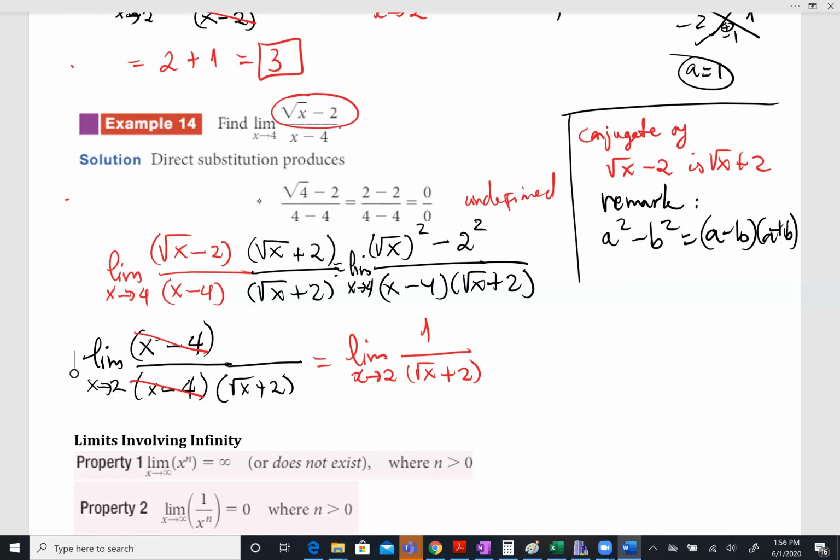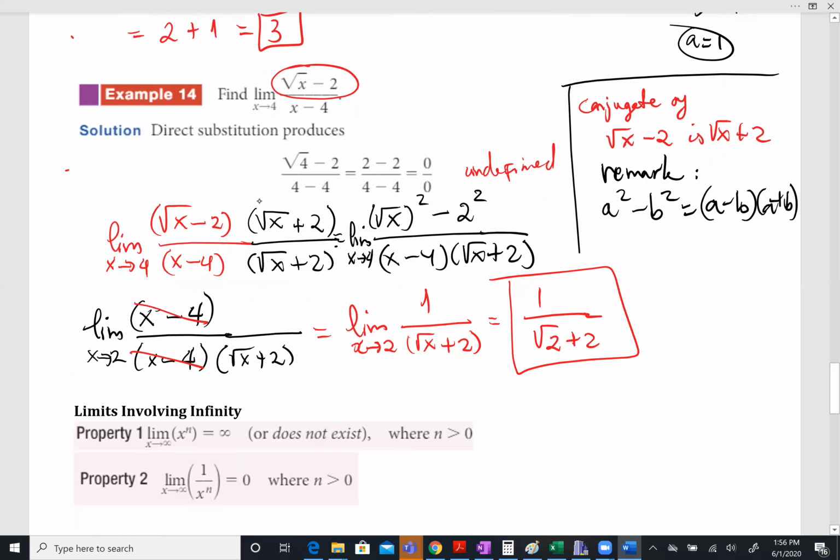And now I can directly substitute without issues of it being undefined. So 1 over square root of 2 plus 2. Maybe you can use a calculator to find exactly what that number is, but I'm just gonna stop here because I'm lazy about using a calculator.